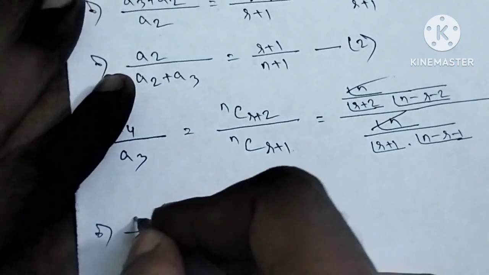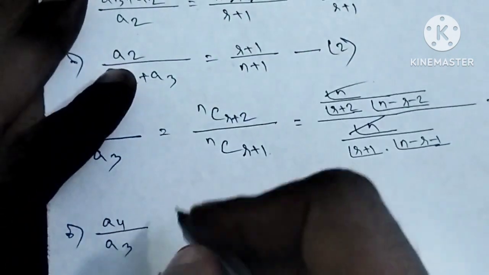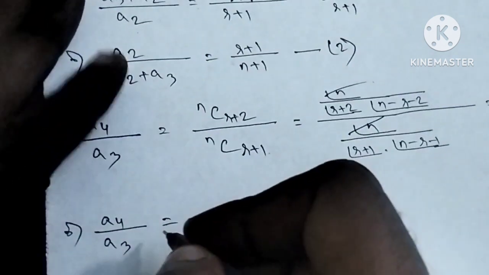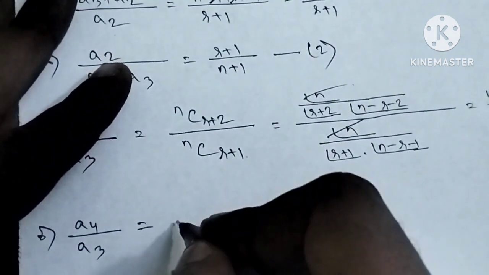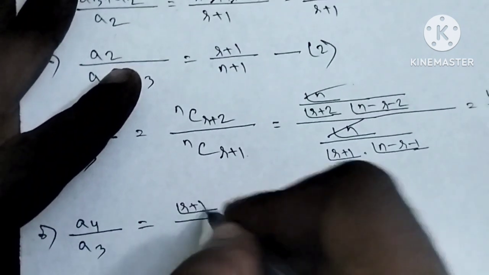Now a4 by a3 is, I am writing (r+1) factorial only.